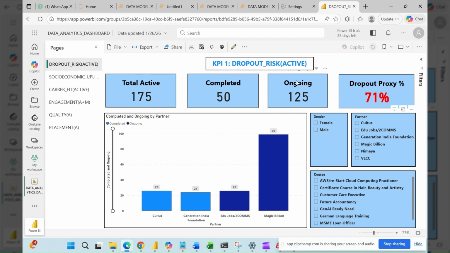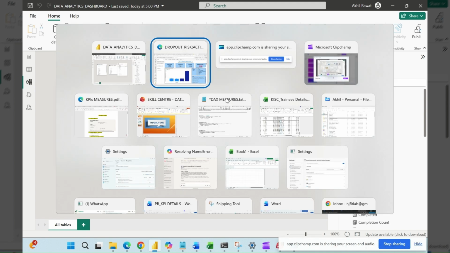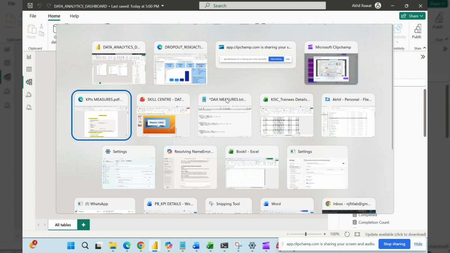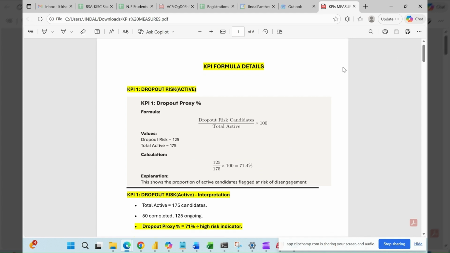So let me show you the simple formula of what we have used, so that you have a clear picture. Okay, as simple as that, you can see here all formulas I have shared. This is total transparency. For dropout risk, for active students, the formula is dropout risk candidates over total active. When we have dropout count, we will put that here, divided by total active count into 100.